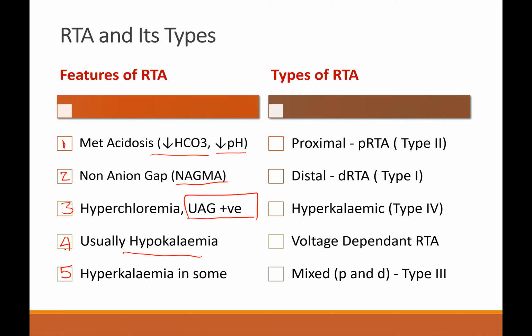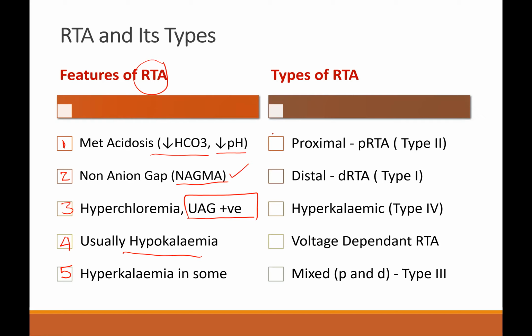RTA always produces NAGMA, non-anion gap metabolic acidosis. It means the anion gap is not widened, so chloride and bicarbonate have to match each other for the available sodium. So naturally, when the bicarbonate is lower because of acidosis, there is a hyperchloremia. Hyperchloremia is not the cause, it is the consequence there.